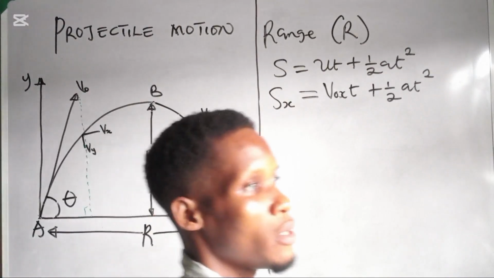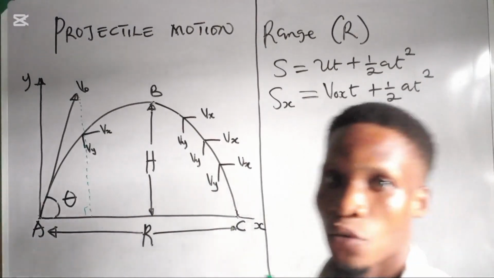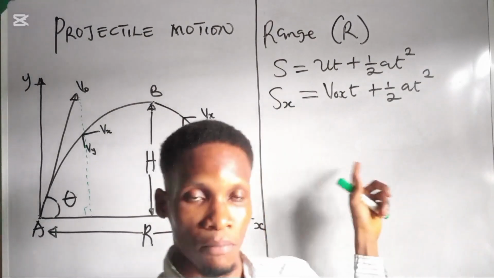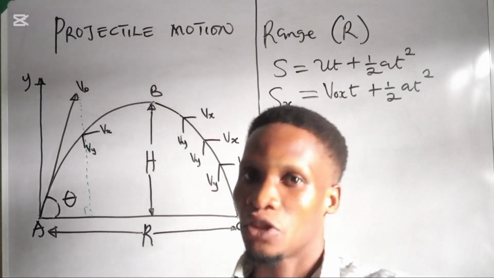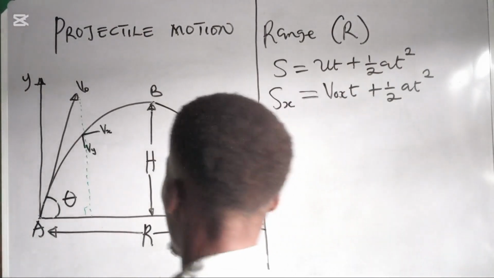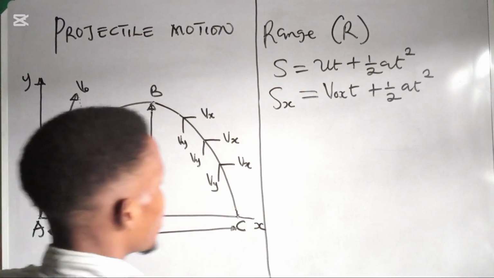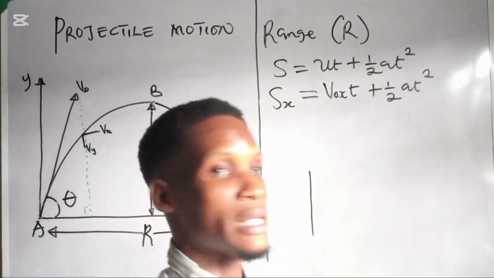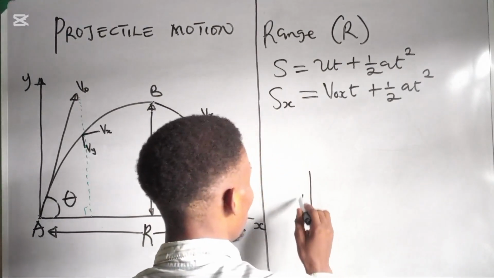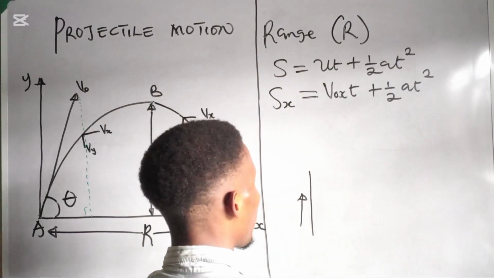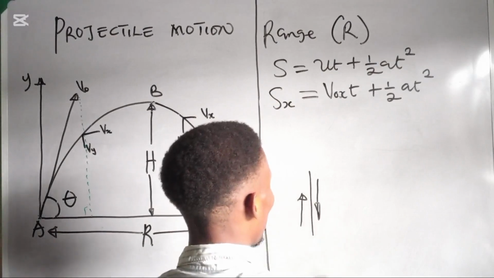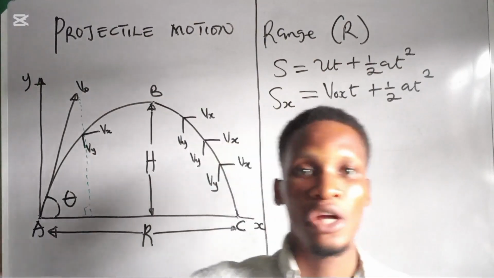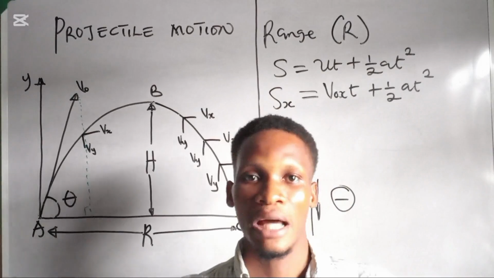This is the formula you're going to use. I know initially when I used the first equation of motion, I changed this sign to minus, and here it is plus. And someone will be asking me, why is it that you're not changing the sign? The reason is this. For the first part, we were considering the vertical component, the vertical axis, where the body being projected was going up and the force of gravity was acting downward, and that's why I changed it to minus, because they were going in opposite directions.